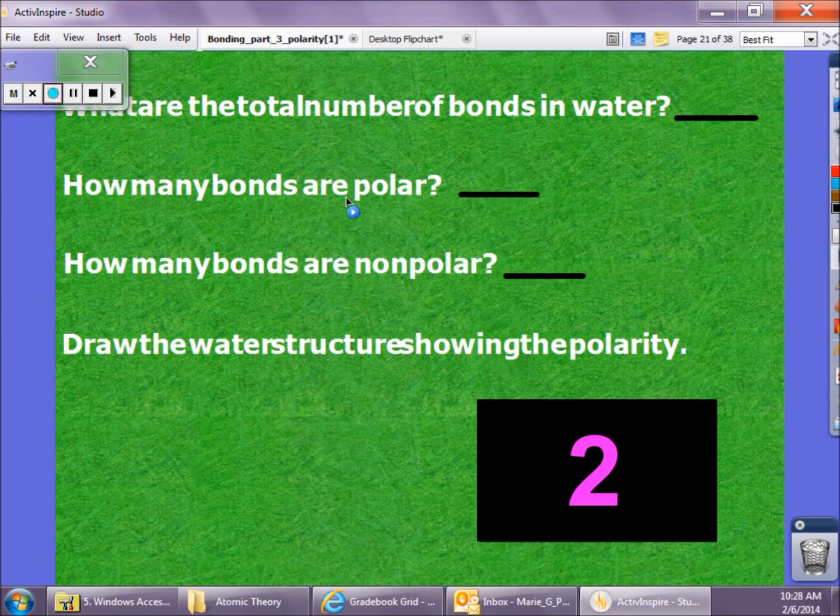Now draw the water structure showing the polarity. Can you quickly draw and show me which one would be partially positive and which one would be partially negative? The arrow would go toward which one? Oxygen. And where would you put the partially positive sign? On hydrogen. And the partially negative would be on oxygen.